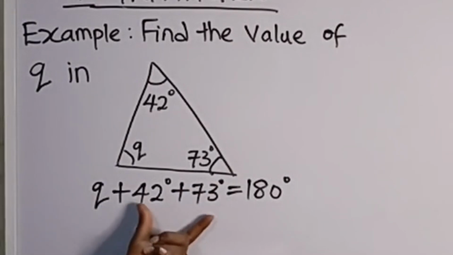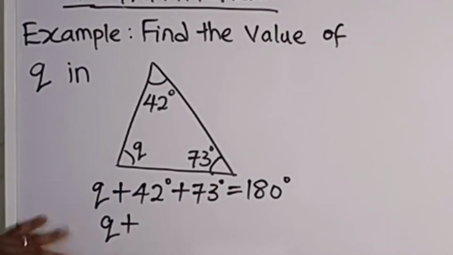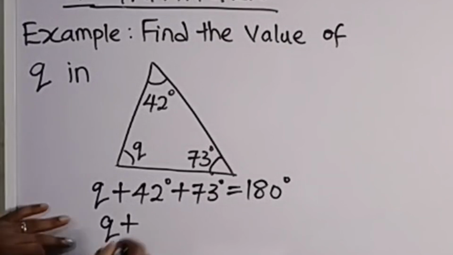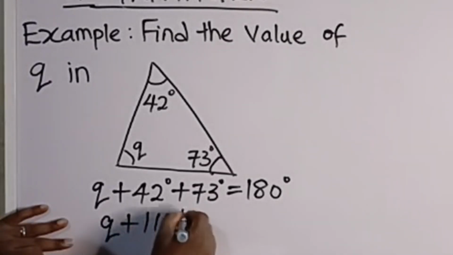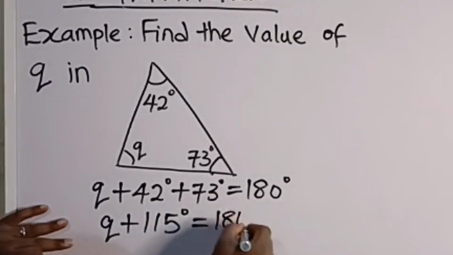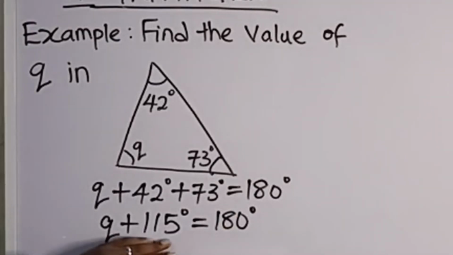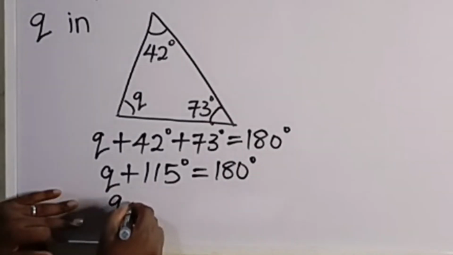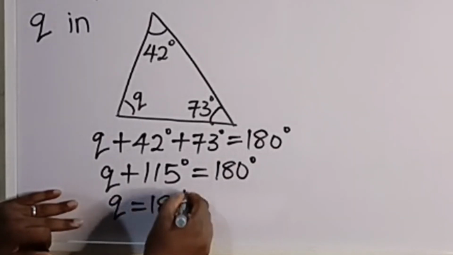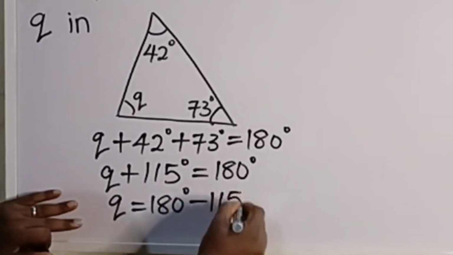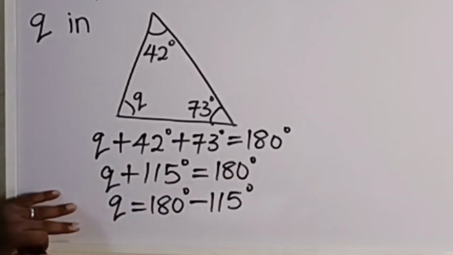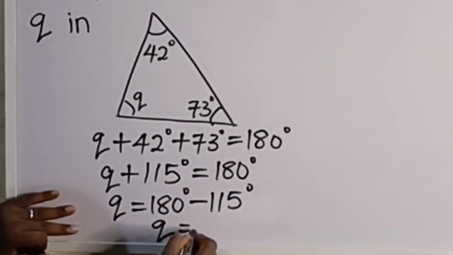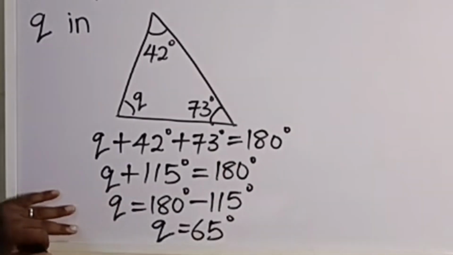So what's 42 degrees plus 73 degrees? What do we have? 115 degrees. So we have Q plus 115 degrees is equal to 180. Moving 115 degrees to the right, we have Q is equal to 180 degrees minus 115 degrees. Therefore, Q is equal to 65 degrees.